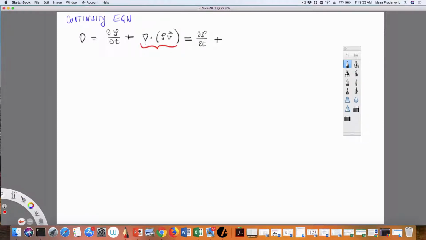It's a divergence of a scalar function times a vector function. So I take this operator, which is divergence, but this nabla reminds me of a gradient. So it's actually gradient of rho dot v. As if I took the derivative of the first one, but it's not a derivative, it's a gradient. Plus, then I keep the first one intact, and the second operator I apply to v, so I apply divergence to v.